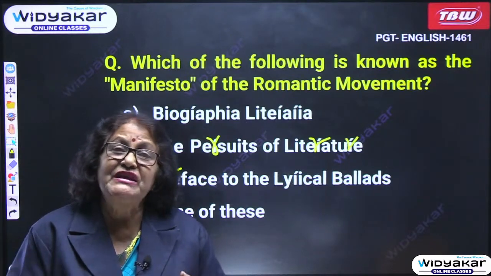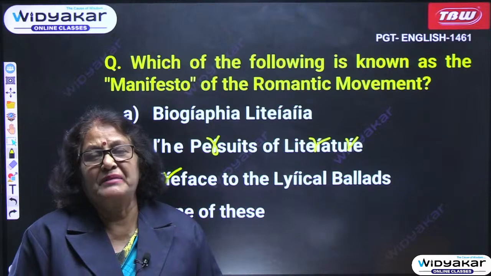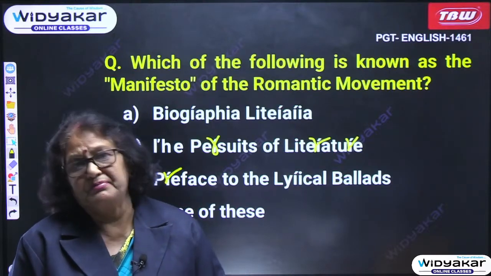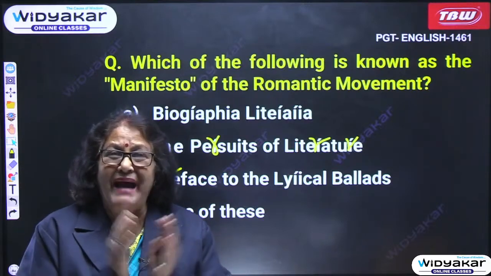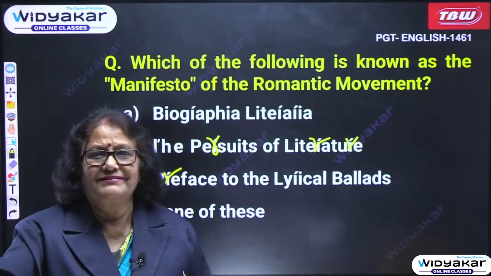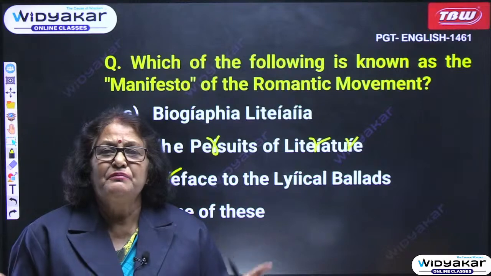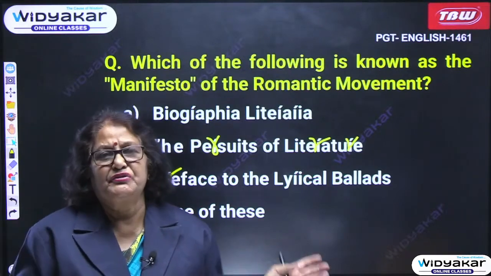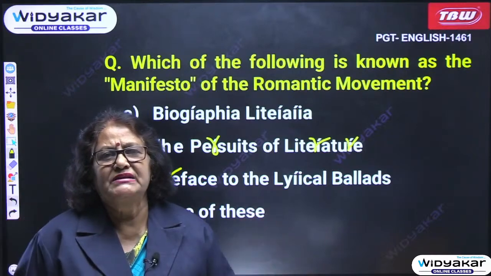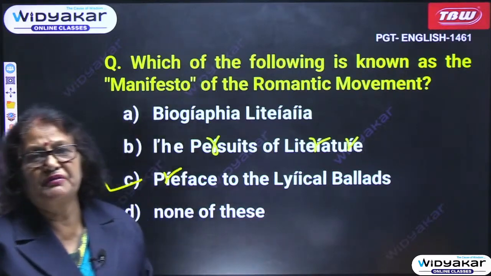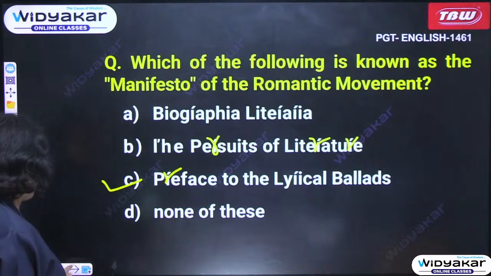The language really spoken by ordinary common people, common folk. And a poet is a man speaking to men. And there is no difference between the language of prose and the language of poetry. Wordsworth said this in the Preface to the Lyrical Ballads.